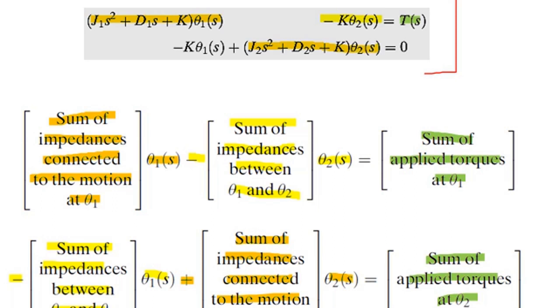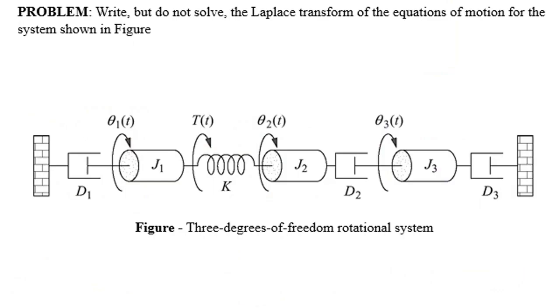Now if we compare this with our second equation, J2, D2 and K are attached with the motion of theta 2 directly, whereas spring with coefficient K is connected between both nodes. So this will be our generic form of equation which we will use to find system of equations for inspection method. Dear students, now with the help of an example, we will find out equations of motion by inspection method.